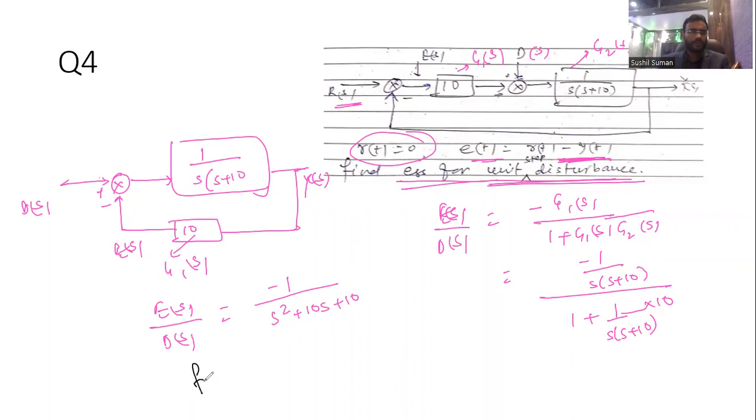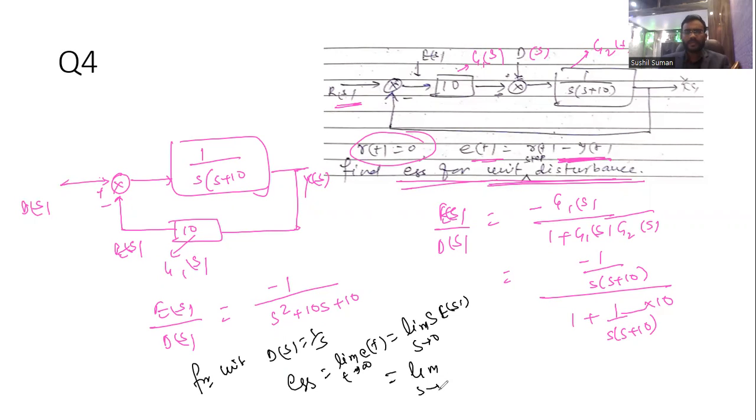Now for a unit disturbance, D(s) becomes 1 by s. So the steady state error is the limit as t tends to infinity of e(t). You can write here the limit as s tends to 0 of s into E(s). Just put this value: limit s tending to 0 of s into E(s), with D(s) as 1 by s, so this is 1 by s times minus 1 upon s squared plus 10s plus 10.